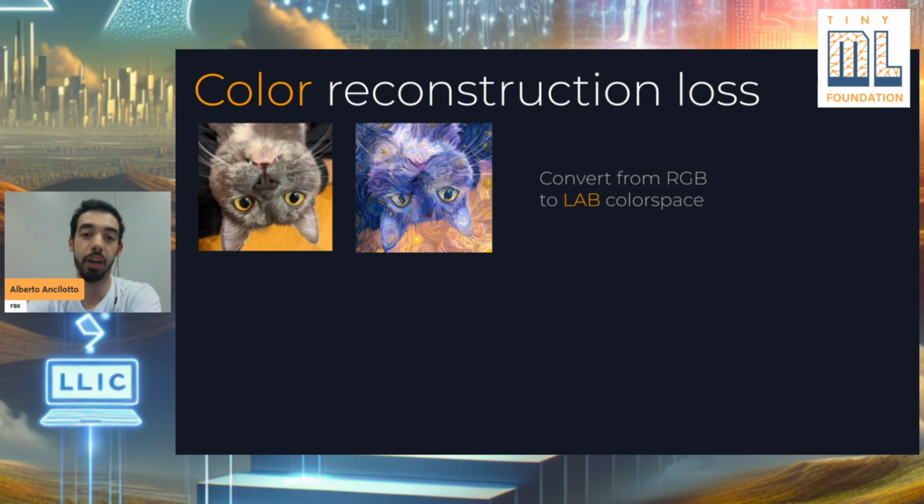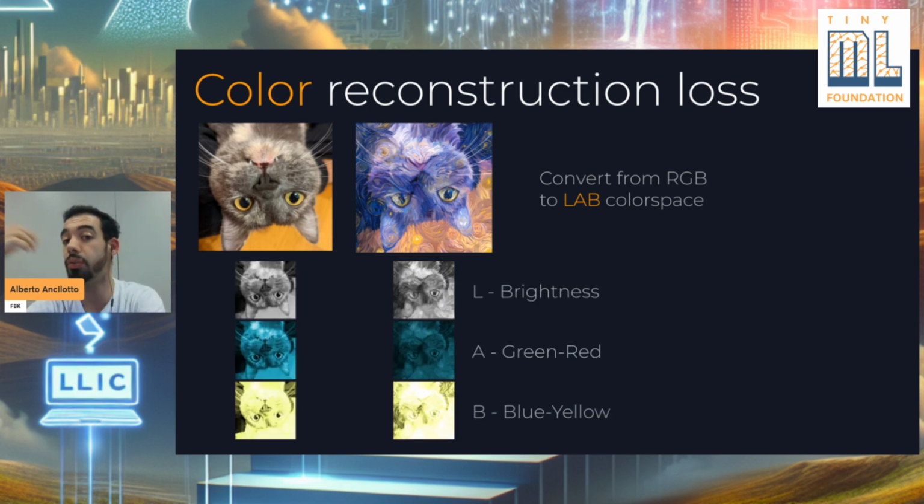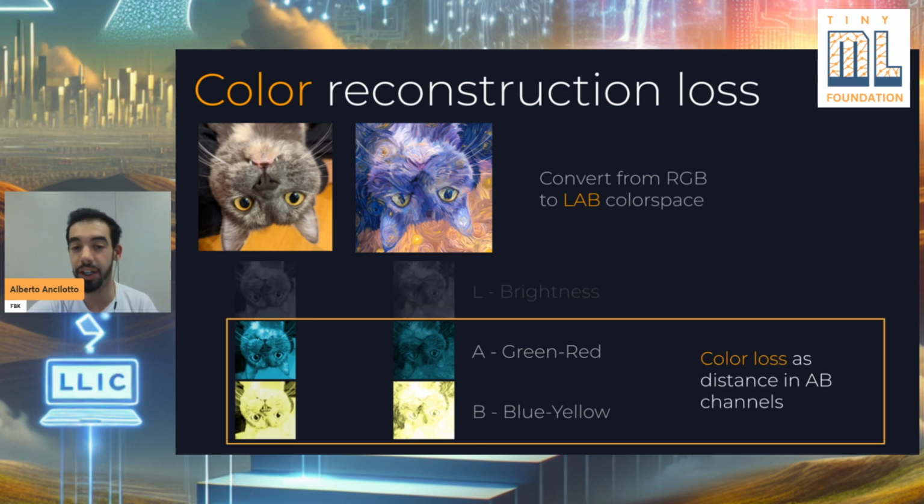So how can we solve this? We solve this by adding an additional loss term, which forces the generated image to take the color from the content instead of from the style. To do this, we just converted both the generated image and the content image to the LAB color space, where you have one channel for brightness, which we are completely ignoring, and then you have 2 channels for chrominance. And we just try to match as closely as possible the chrominance of the generated image and the original content image.